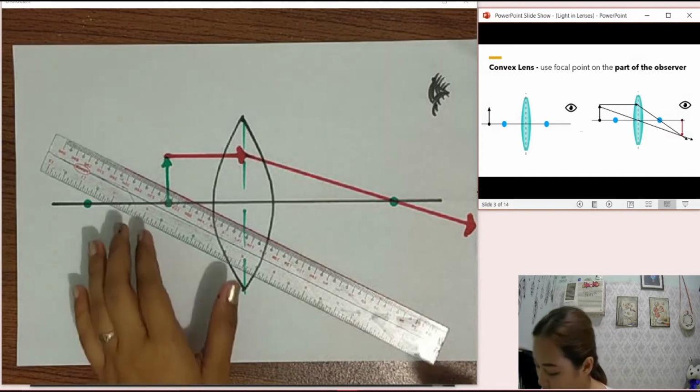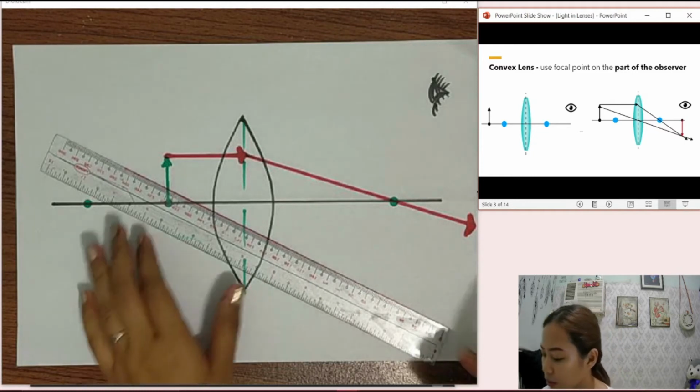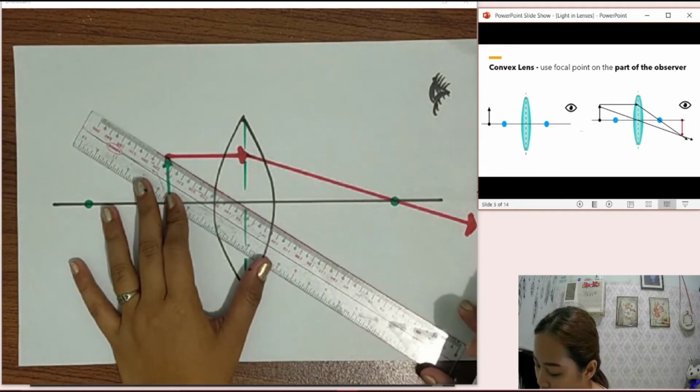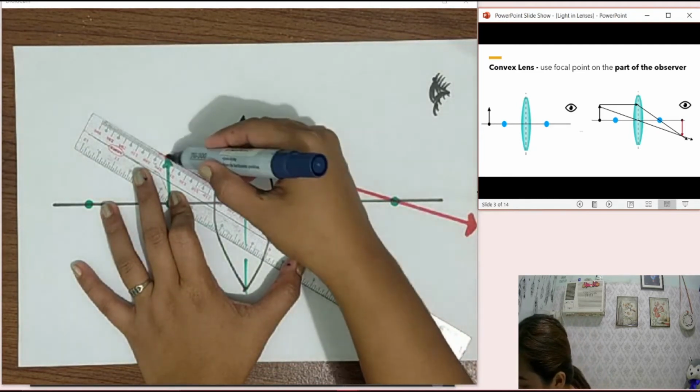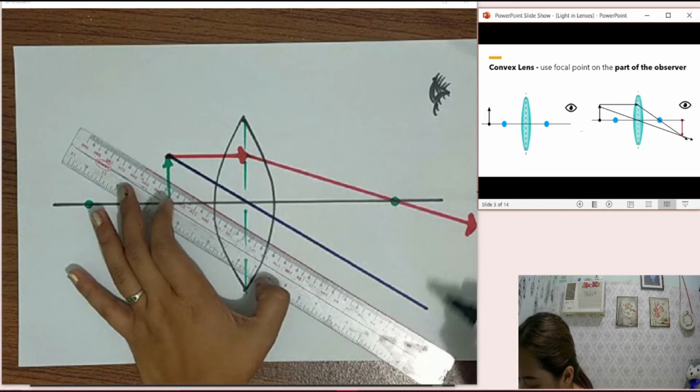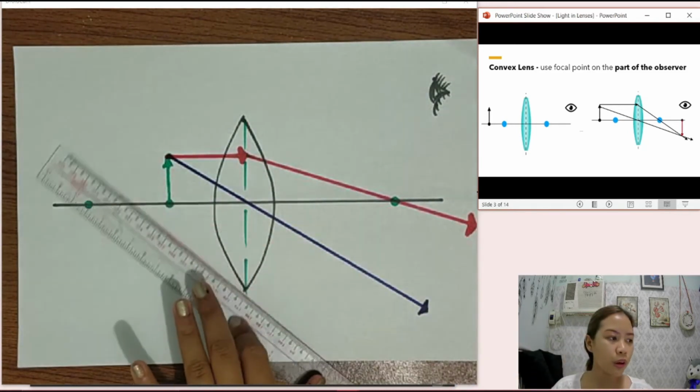So, this is for the next light ray. Then, pa-distinguish ta kung sino ang first light ray. Okay, so here it is. Mapass through lang siya sa center. There you have it.